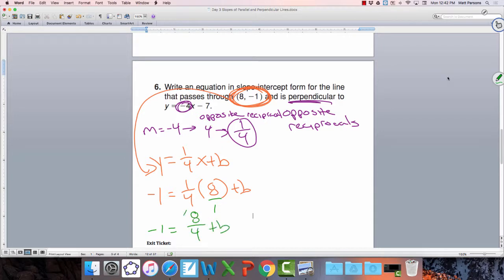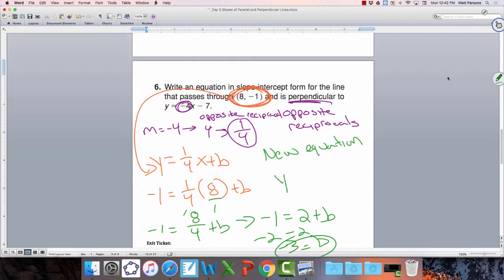I can then simplify the 8 over 4. The negative 1 equals 2 plus b. I'll subtract 2 on both sides. My b is negative 3. So my new equation is y equals 1/4 x minus 3. So that's how you write the equation for all of these points.